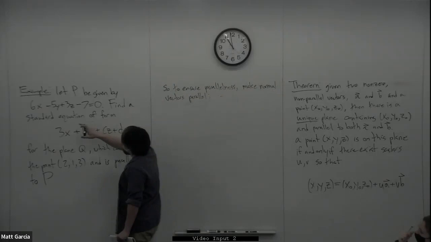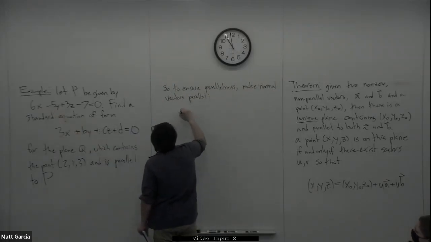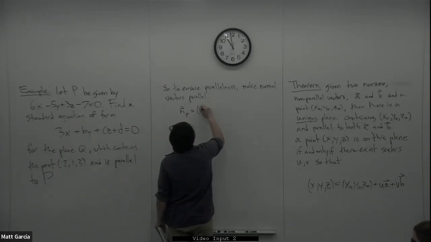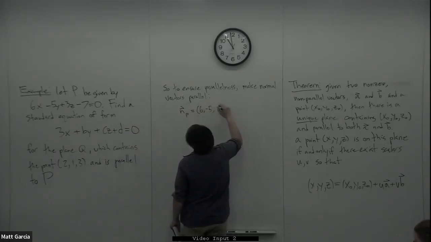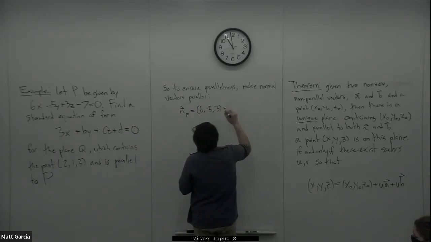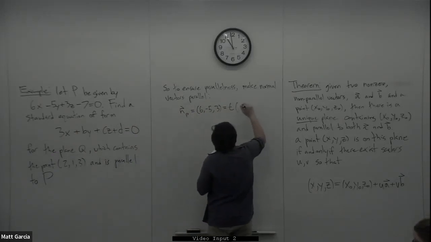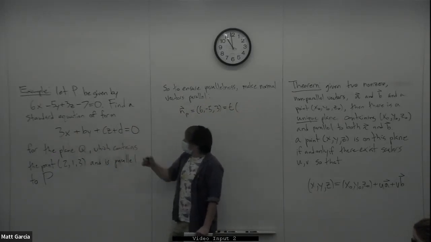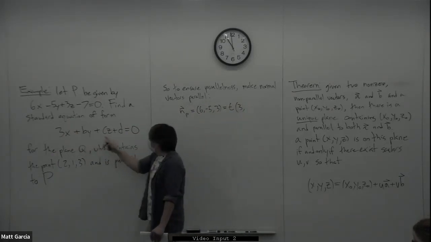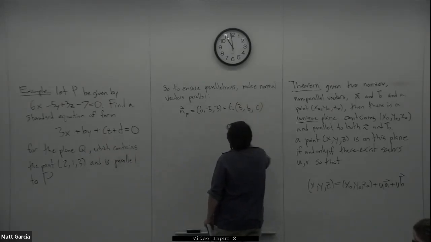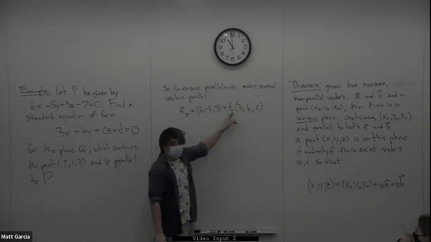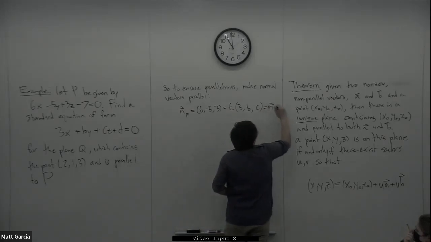That is to say, we want this normal vector n sub p, I'll just write the normal of P, the vector 6, -5, 3, is equal to t times the normal vector for this plane Q. So I've given you that the first component is fixed at 3, and I'm looking to find B and C. It turns out that's enough to determine what the scalar t is.